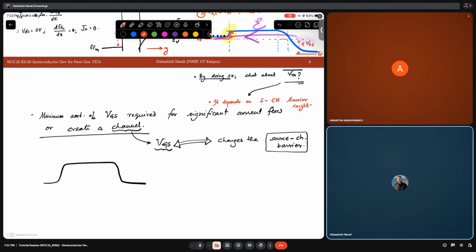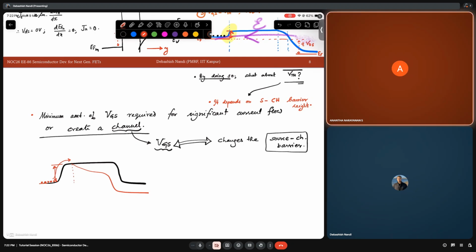Let's say I am having this kind of profile. Somehow, will my threshold voltage change? My source of electrons is where? This place. In this case also, in case 2 also, the electron has to overcome this barrier, right?